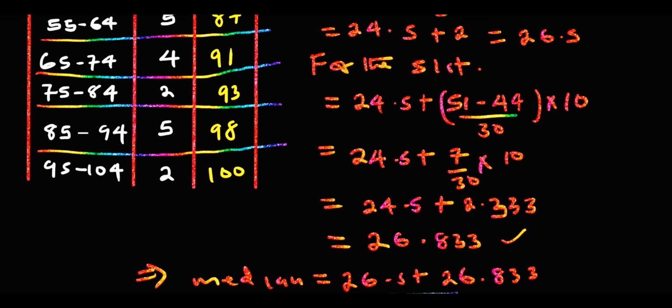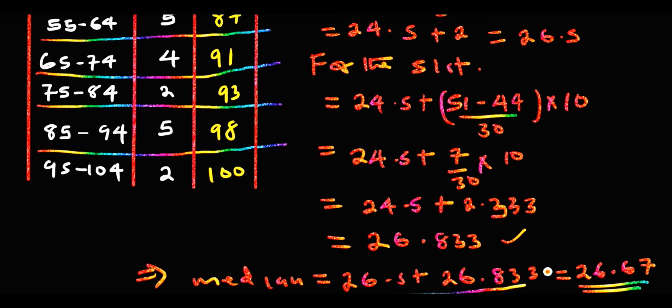And then we divide that by 2. When we divide this by 2, that is when we get the median. You're going to get 26.6666, which can be rounded off to 26.67 as the median for that particular data.